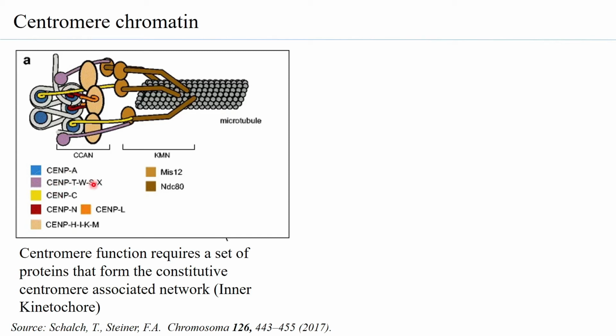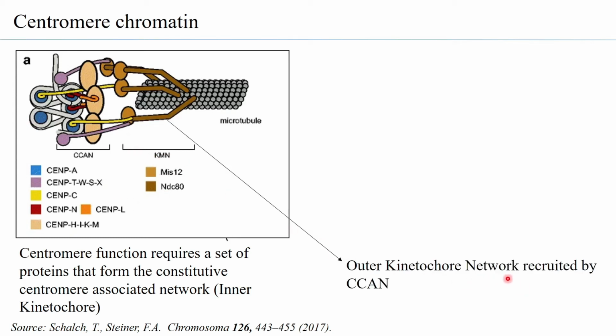But please do also note that SENP-TWSX can recruit the outer kinetochore proteins, or they can bind to the outer kinetochore. So they are also an attachment point of the DNA to the outer kinetochore proteins. So around the CCAN, now you have the kinetochore network being formed, okay? And this kinetochore network generally comprises MIS12 and the NDC80 protein.